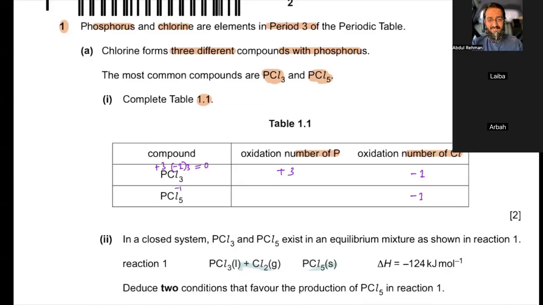And over here, -1 times 5, so the net charge is 0, so this one goes +5. Is this understandable to all of you?